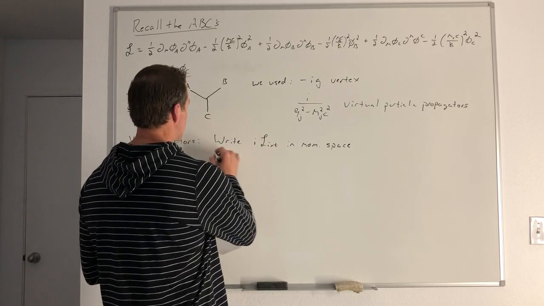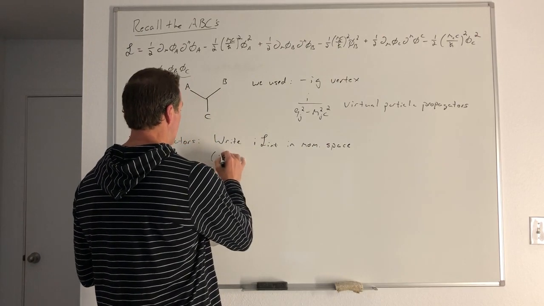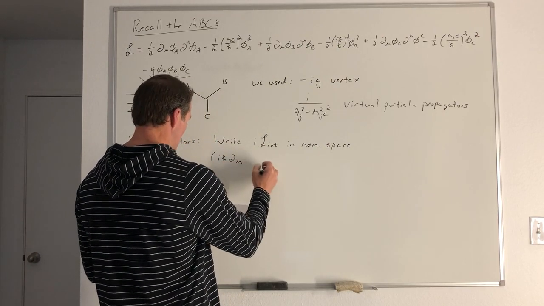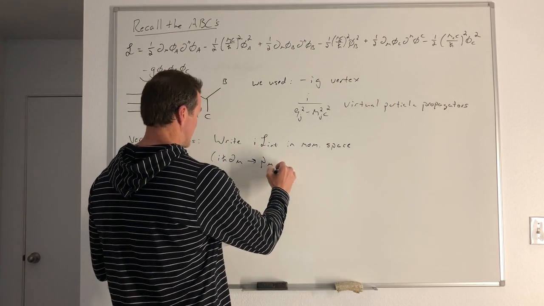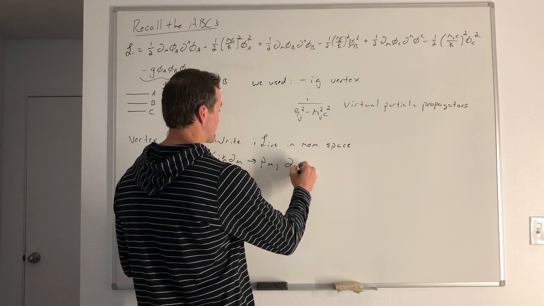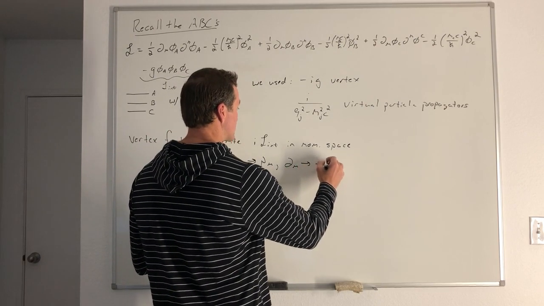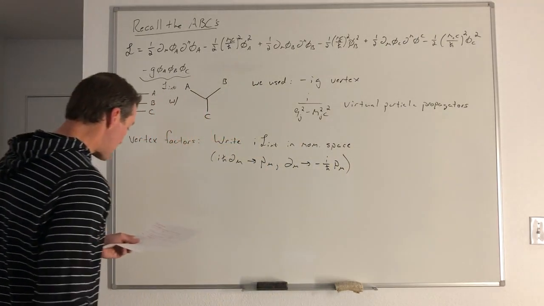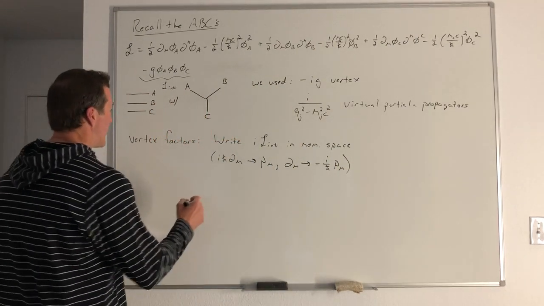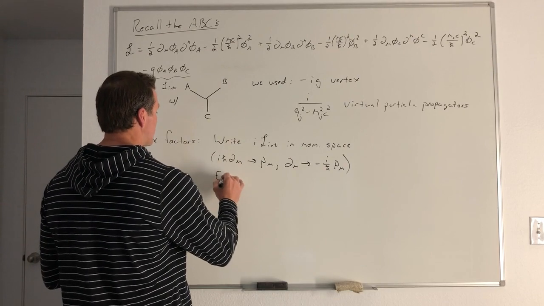What that of course means is that we replace i h bar d mu with p mu wherever we see it, or of course we can just replace the derivative with minus i over h bar p mu. Okay? And then you erase the field variables.